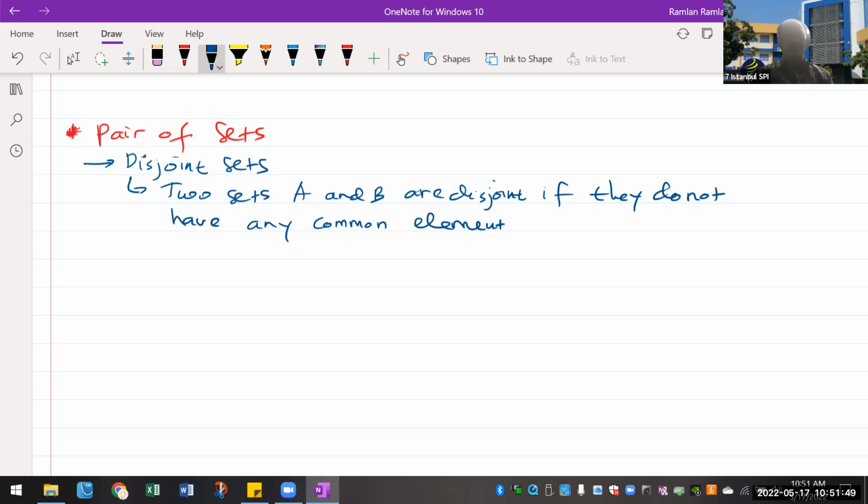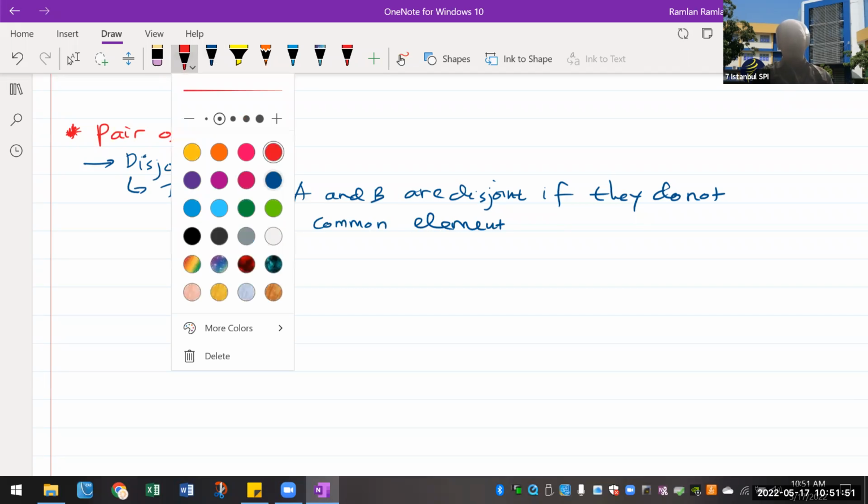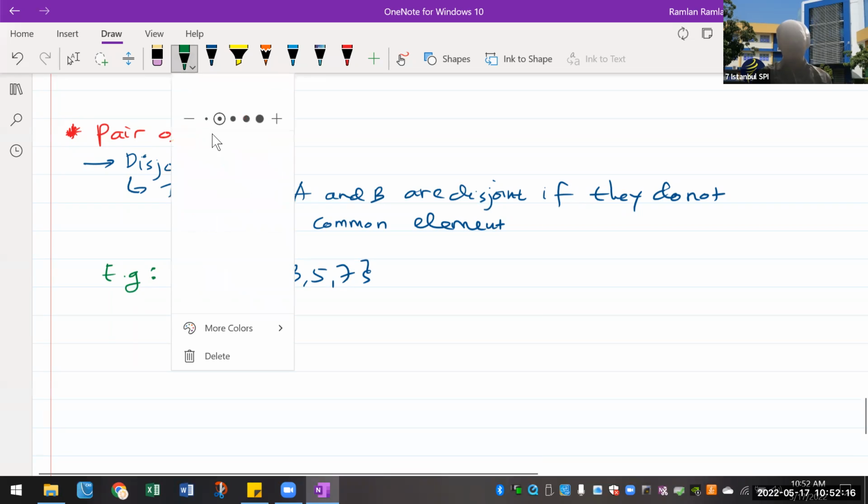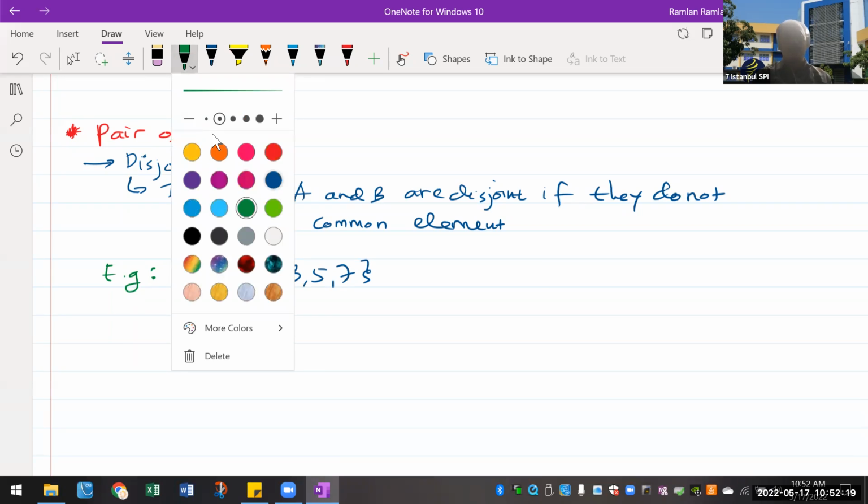Okay, so I'm going to give you an example. For example, I'm going to go straight to the roster form to make it easy for you guys. So for example, I have two sets. The first set, the elements of set A are going to be 2, 3, 5, 7. And then I'm going to also have set B. Okay, tadi pakai hijau ya.